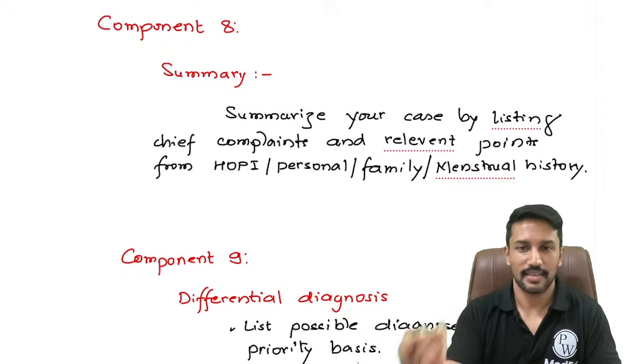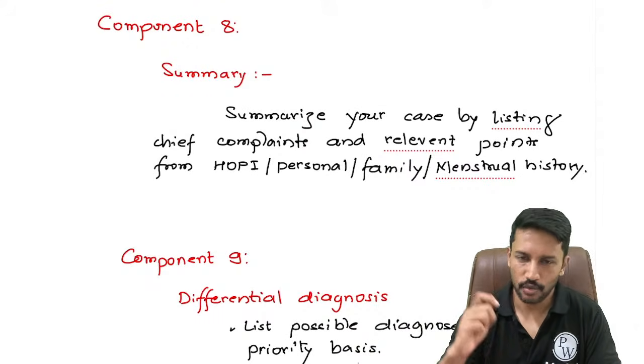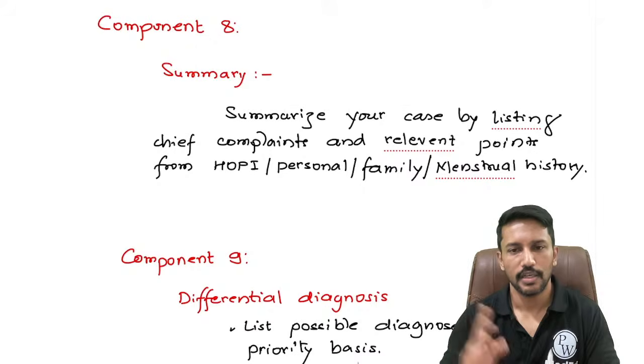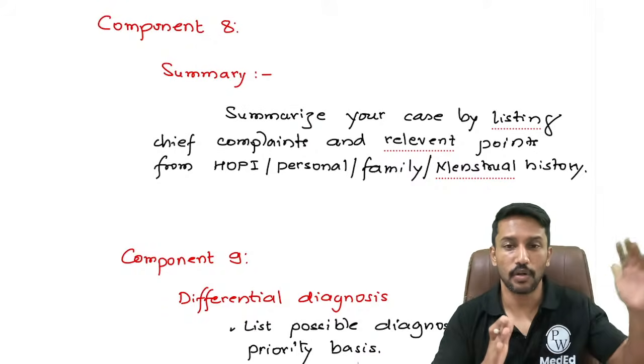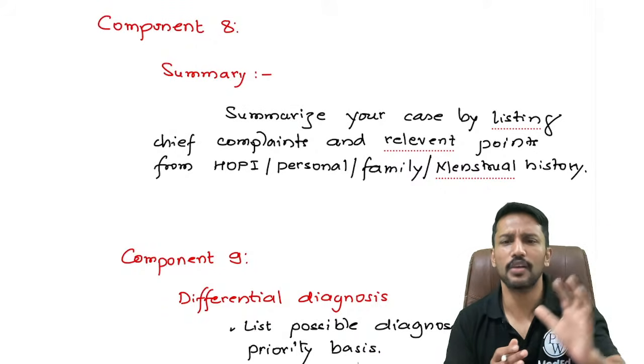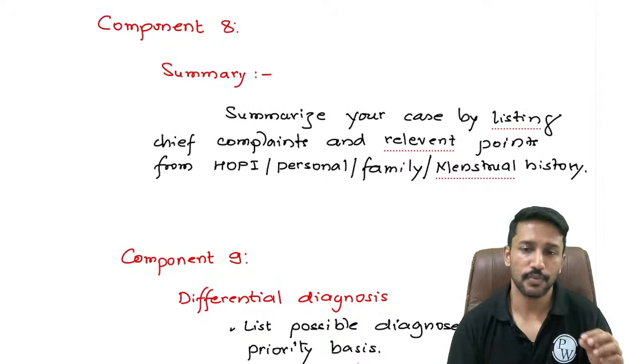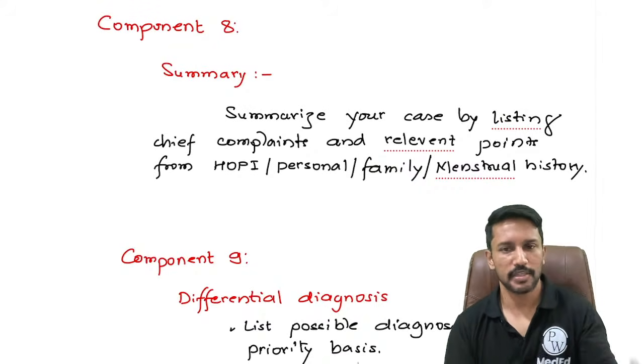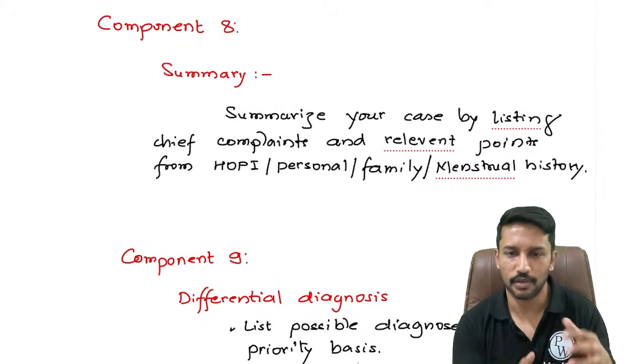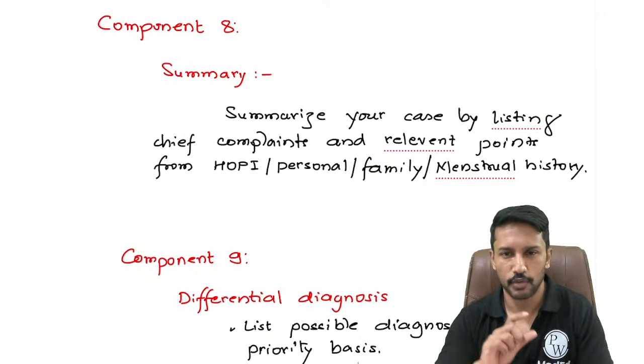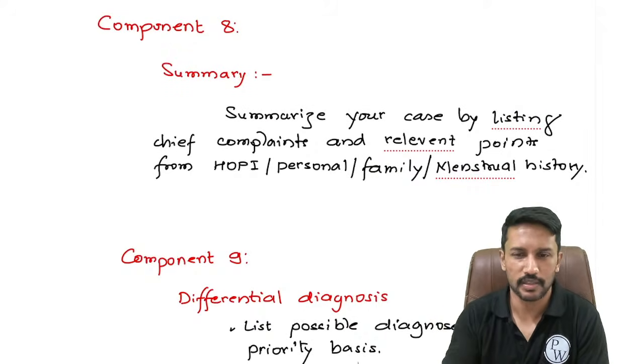The listener, whether it is an examiner or a co-PG or a colleague or another doctor, should get an idea of what all has happened to the patient in a very cinematic way, saying that, sir, this patient was apparently well 3 months back when he started noticing cough. The cough was insidious in onset and slowly progressing. It was associated with scanty sputum.